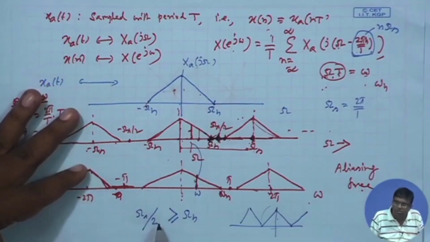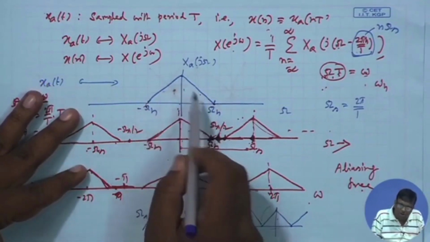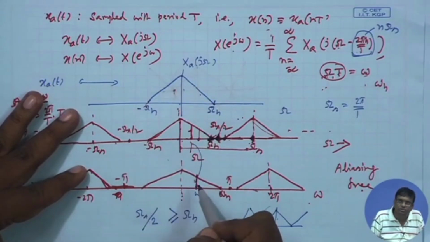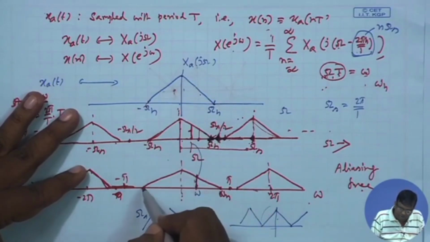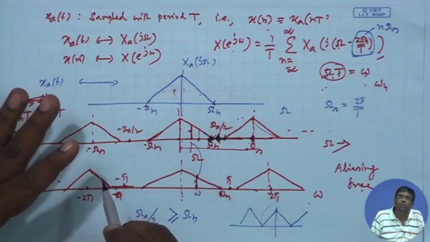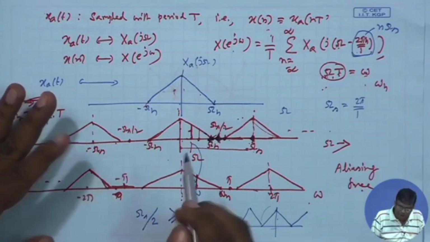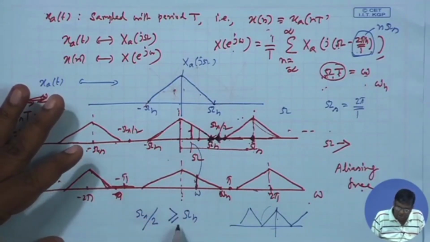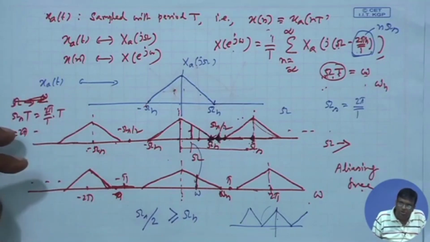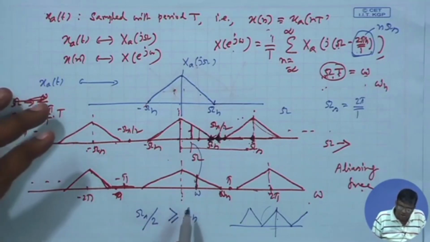So, if this happens, then we can recover the original Fourier transform from here, and get back my original function. So, this condition should be satisfied. This is called the Nyquist condition, Nyquist sampling rate condition or Nyquist theorem.